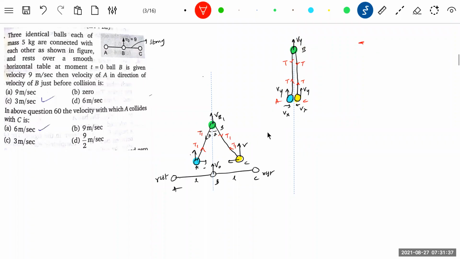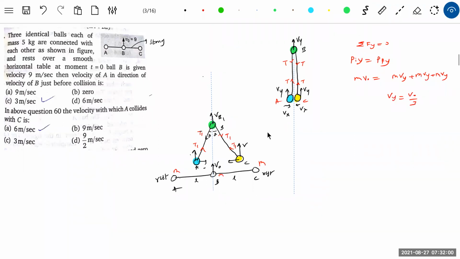So the net force on the system along the y-axis is 0. Therefore initial momentum equals final momentum. What is the initial momentum? With all the mass being m, it is m v naught. What is the final momentum? m vy plus m vy plus m vy. So vy equals v naught by 3.